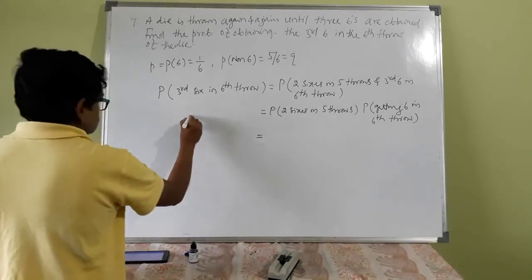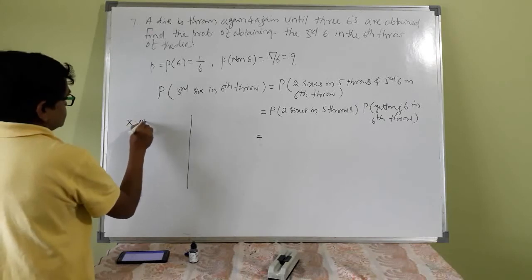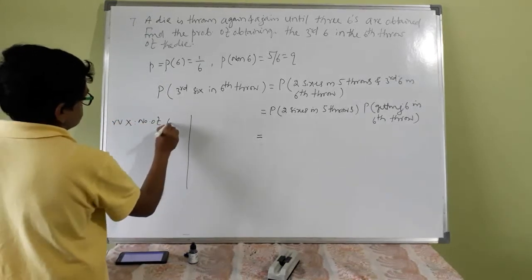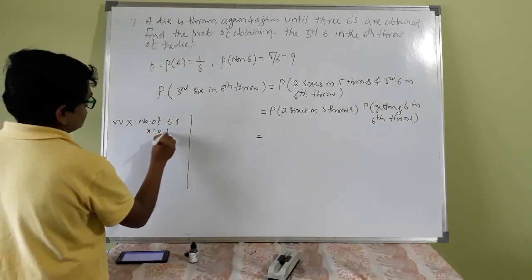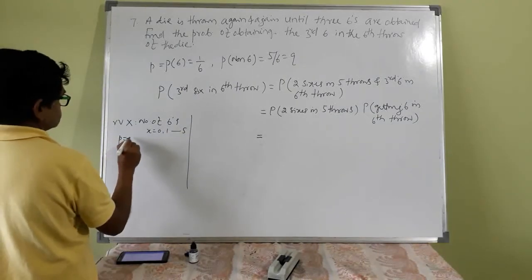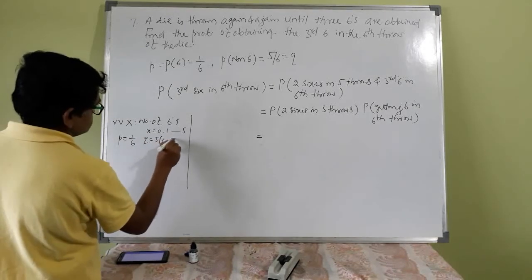Suppose the random variable x is the number of sixes. This may be 0, 1, and so on up to 5. So the probability of a 6 is 1 by 6, q is 5 by 6, n is 5.